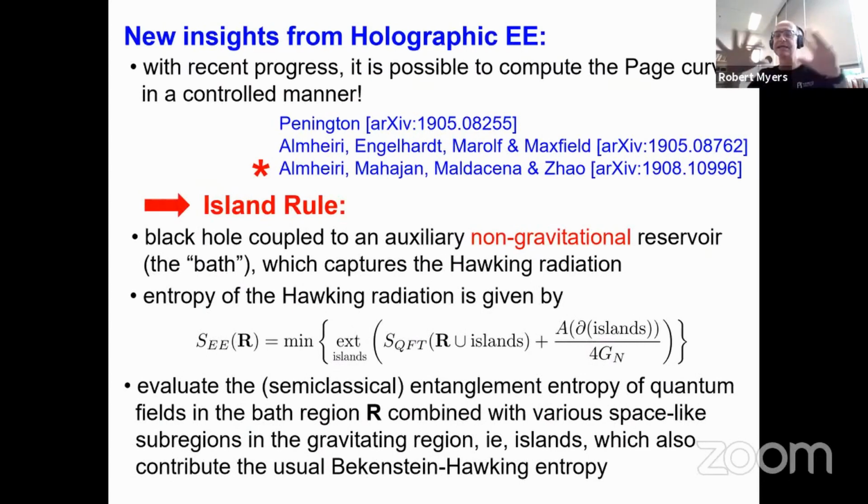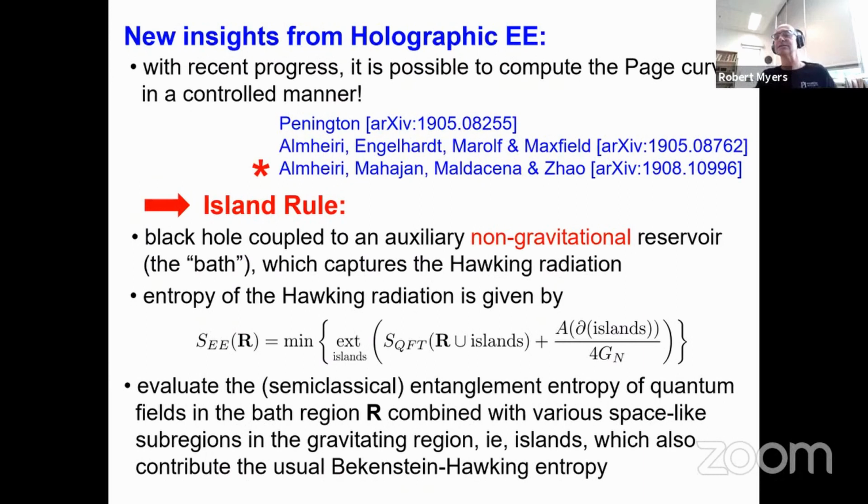And the way they captured the story was with something they called the island rule. We should keep in mind that in these papers, we're changing the rules a little bit, in that we're coupling the black hole, or a region where there's gravity, to an auxiliary reservoir where there is no gravity, and that's what we usually call the bath.